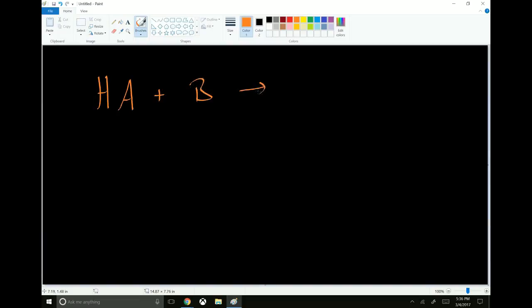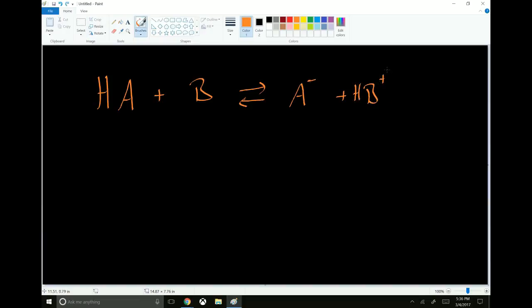So if you have an acid reacting with a base, you'll get a reaction like this: HA + B gives A- + HB+. Let's try and be consistent here.